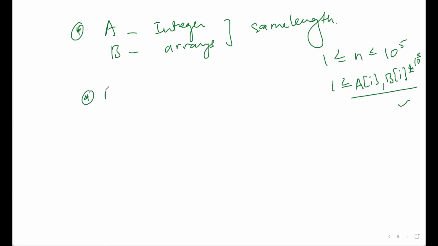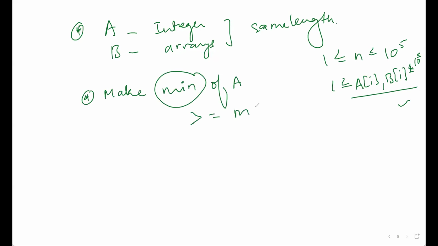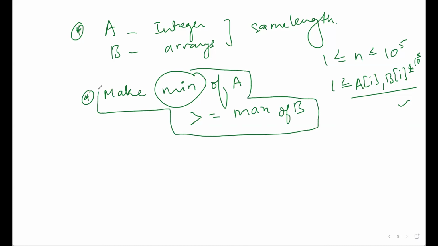Your goal is to make the minimum of array 1 either greater or equal to the maximum of array 2. For this, you want to find the minimum number of operations.